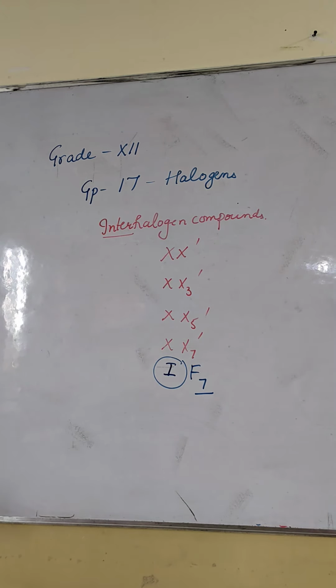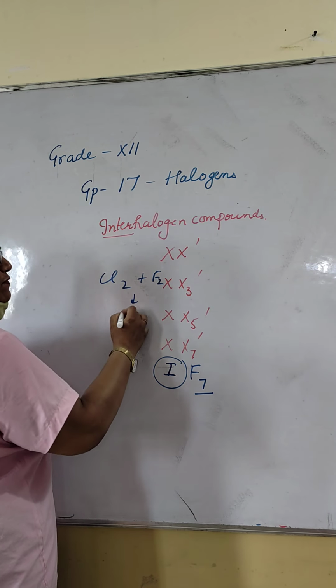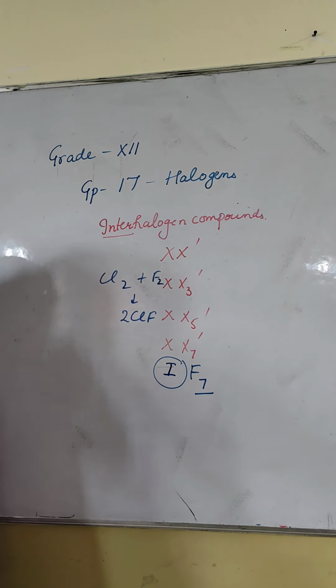We have different conditions to make interhalogen compounds. If I want to prepare chlorine fluoride, then equal volumes of chlorine plus fluorine give you 2 ClF.